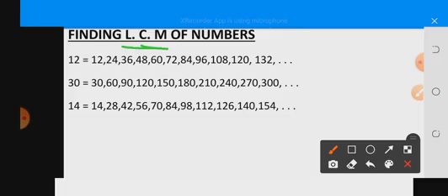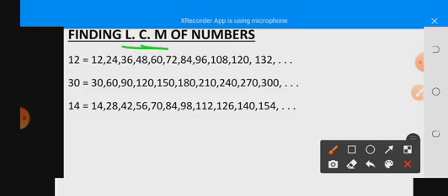Now we are going to use these numbers to explain further, and how to use the LCM to find other common multiples.